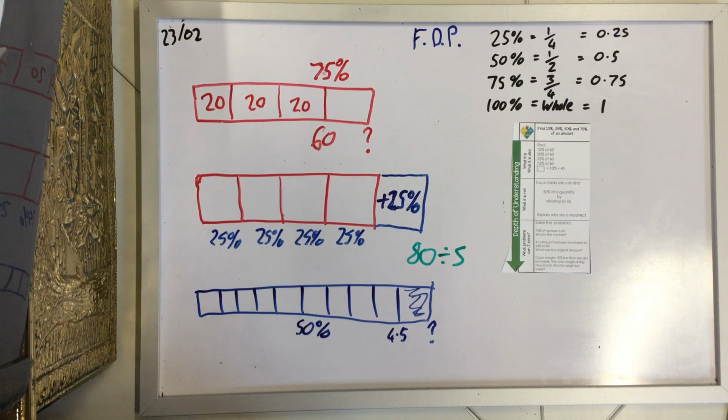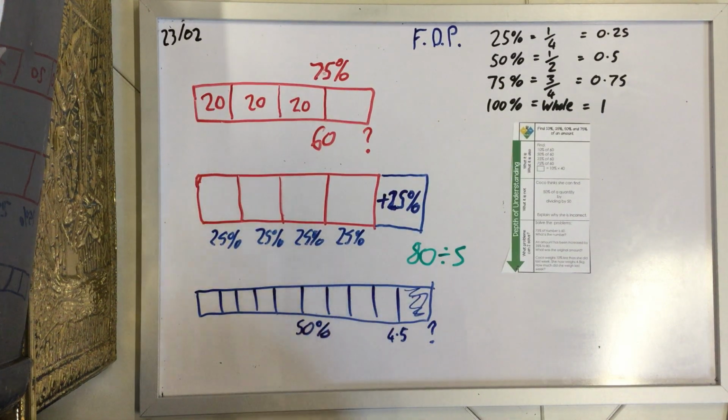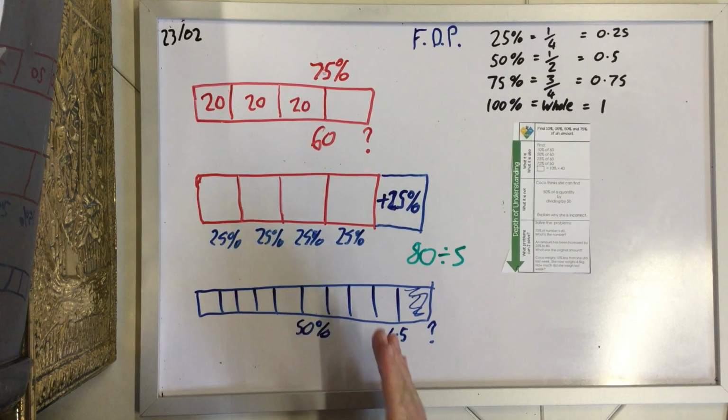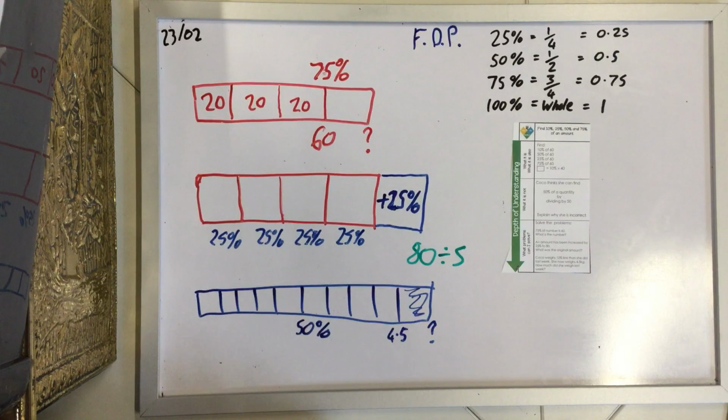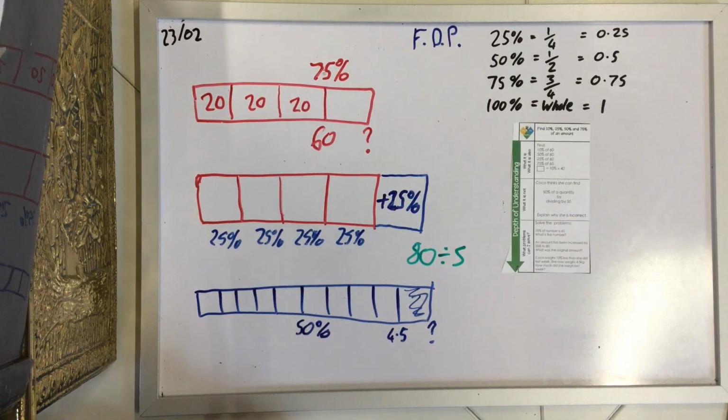You've now not got 10 sections, you've got 9 sections. And you've got 4.5, but you might want to think about it without the decimal first of all. So you've got 9 sections to work with, and then your answer, that last part. Good luck.